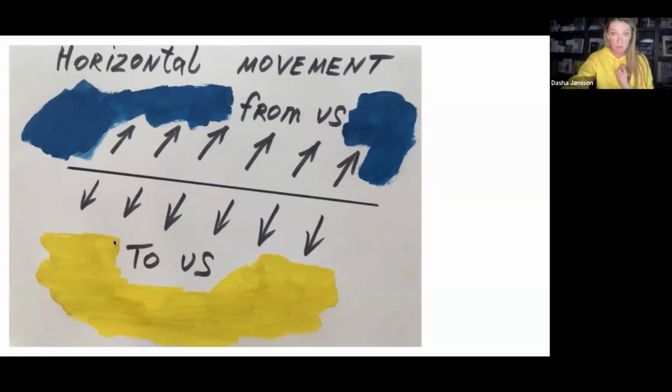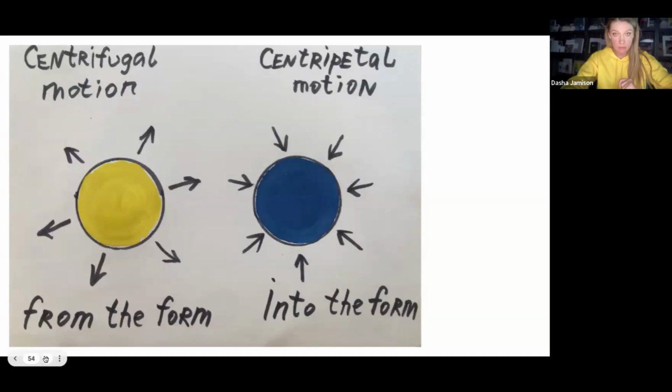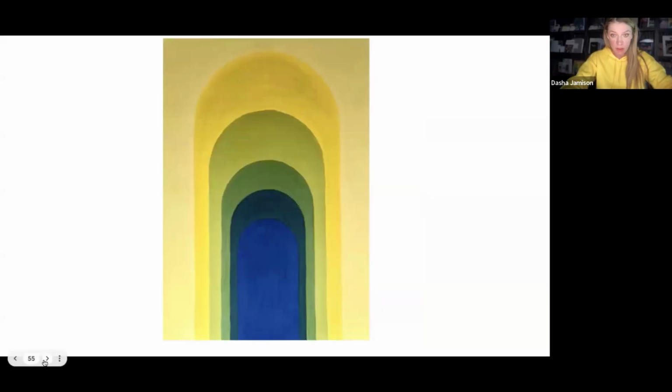So yellow moves towards us, blue away from us. Yellow like a sun, what you see in the children's book, and centripetal motion of the blue into the form. And here is some illustration of it.